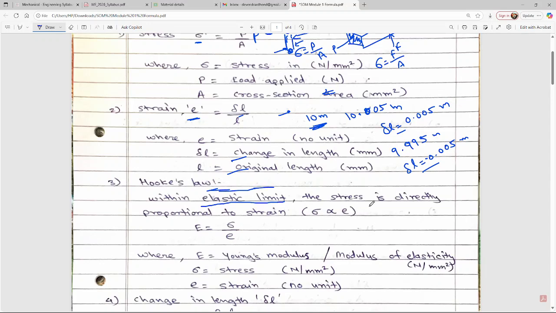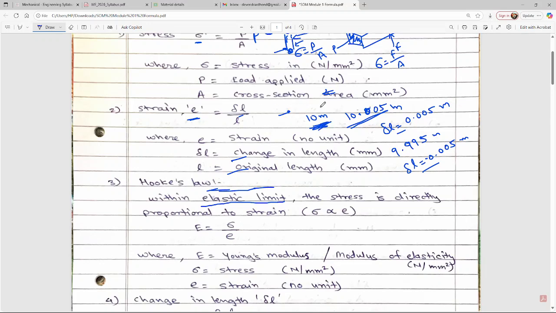Because within the elastic limit, if delta L, the change in length, is 0.005, then it should regain its original length after removing that load.